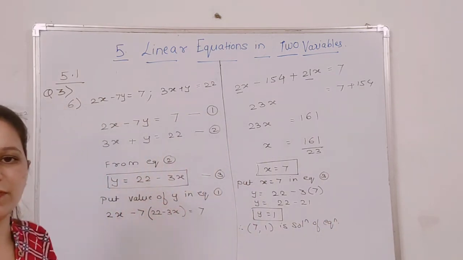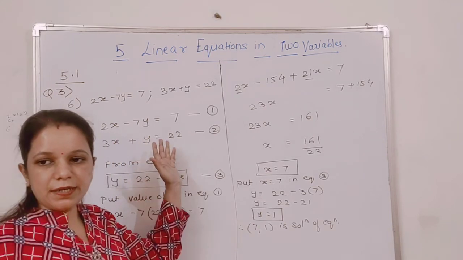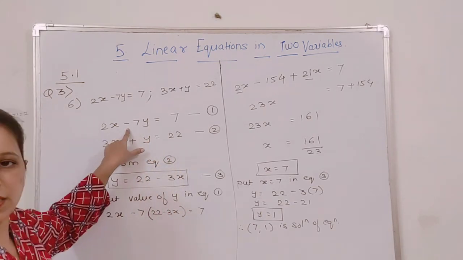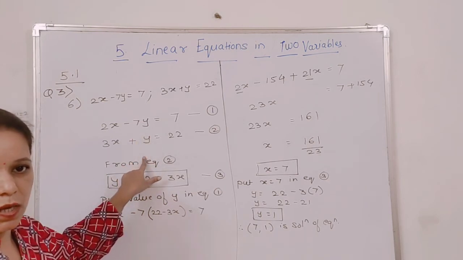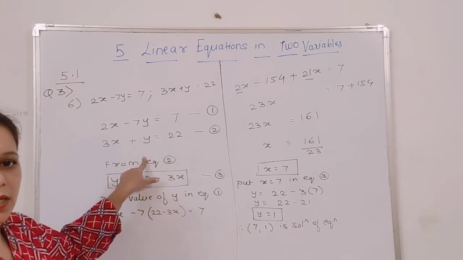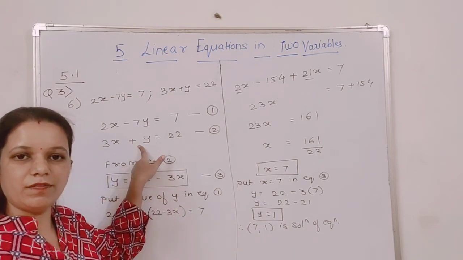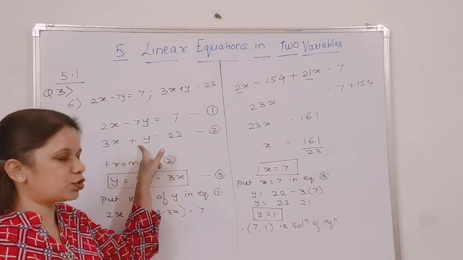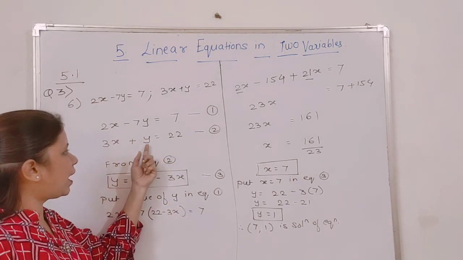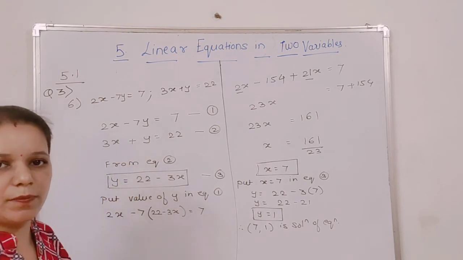This is how we have done the substitution method. I'll just repeat it. We are numbering the given two equations 1 and 2. Generally, the variable with a positive sign, we will use it for substitution. So from here, we have the y variable with a positive sign and the coefficient of that variable is 1.